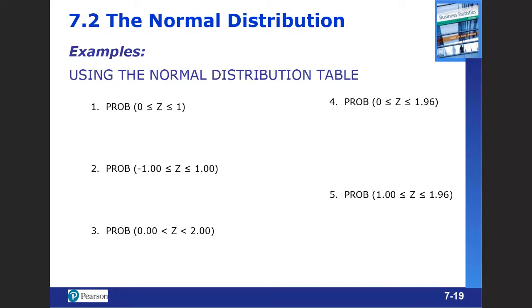Okay, moving on. So now let's do the next exercise, which is number 5. Number 5 is saying find the probability. You can do this now because we don't need the table. I draw my curve. This is 0, then 1, to 1.96.